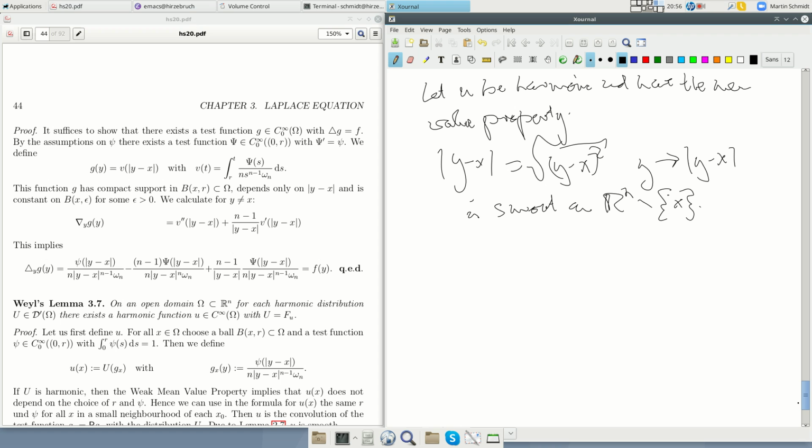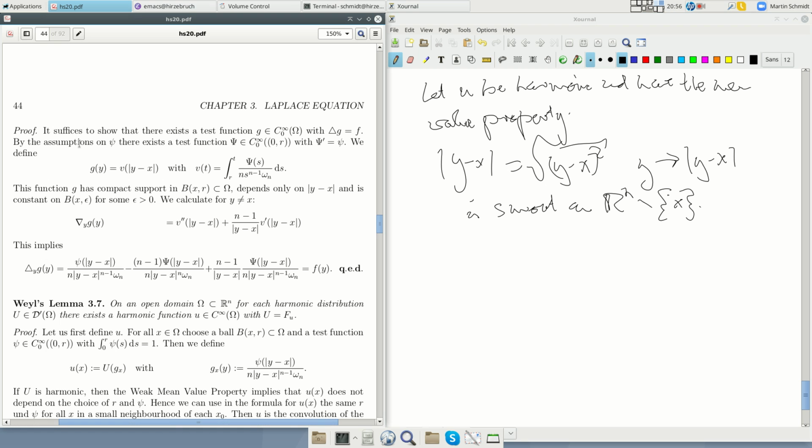Okay, we already understood that the harmonic distributions are those distributions which vanish on this function. So we have to show that there exists a function g whose Laplacian is f. Because on any such functions a harmonic distribution vanishes. And this is the only way how we can show that a general distribution is harmonic.